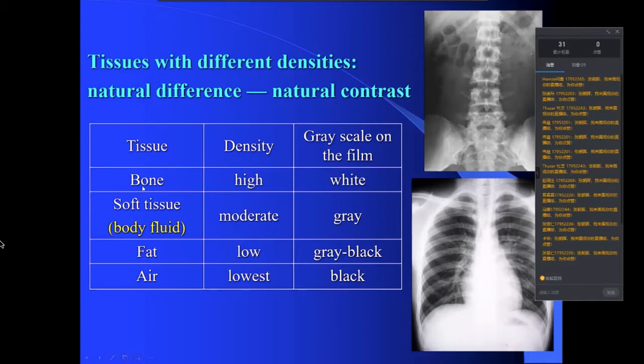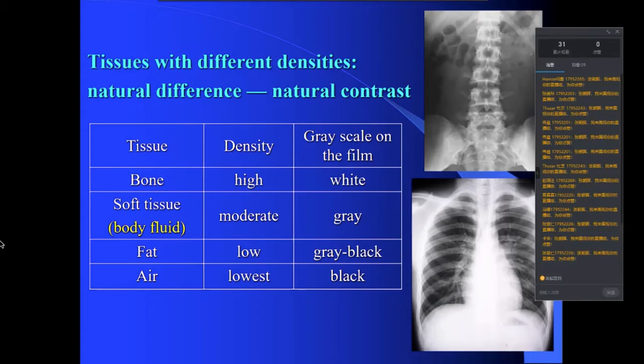Bones, for example, permit few X-rays to penetrate because of their high density and high calcium content. Therefore, bones appear white on the film. Soft tissues such as spleen or kidney allow a moderate amount of X-rays to pass through and usually look gray on the film.